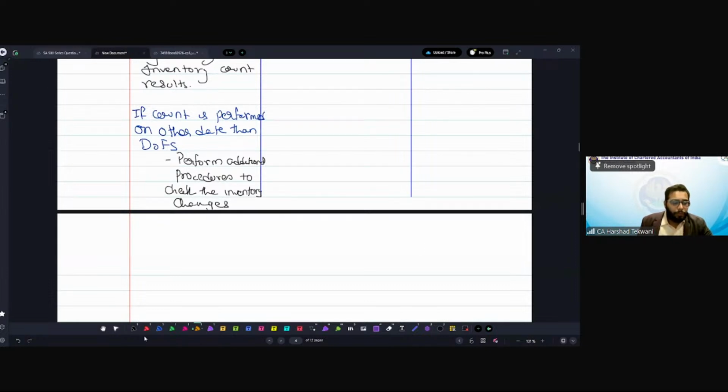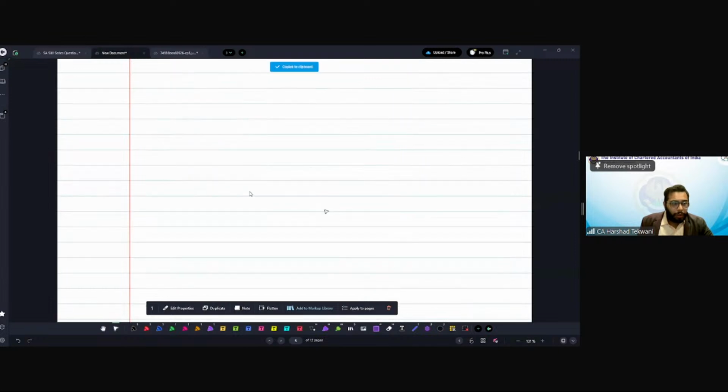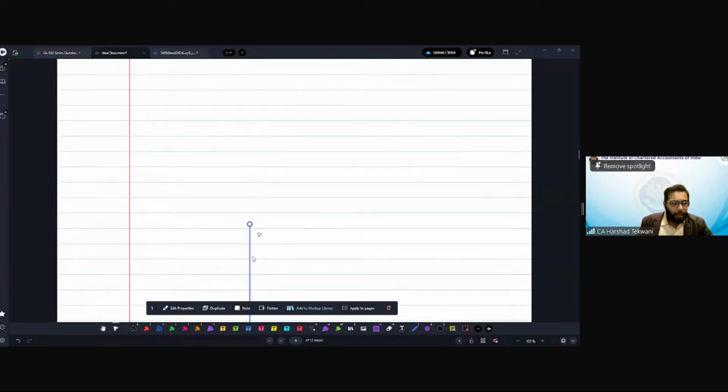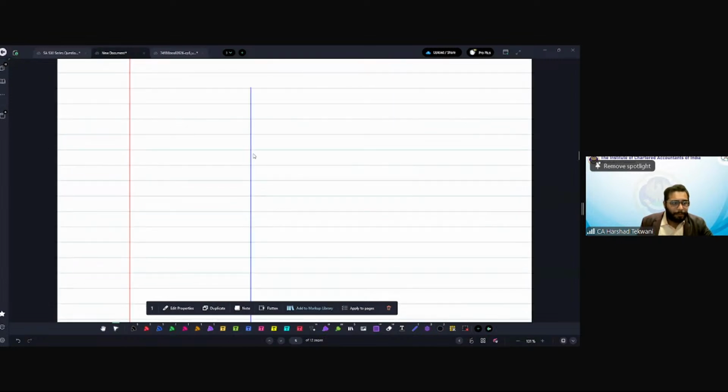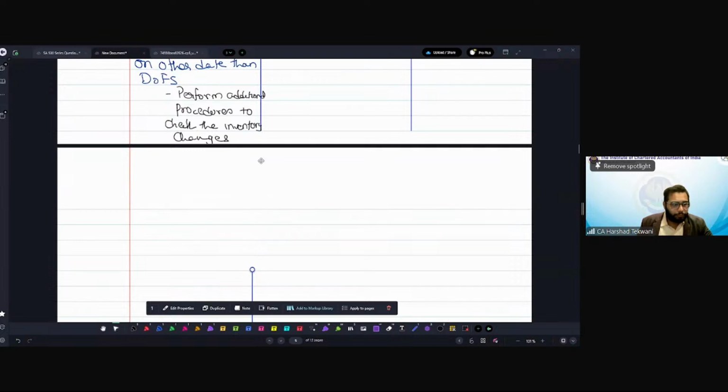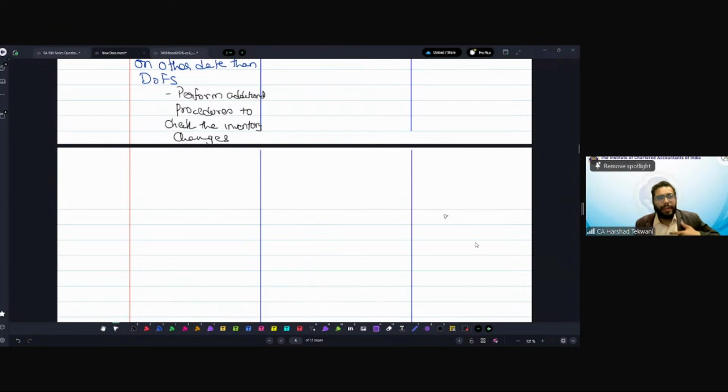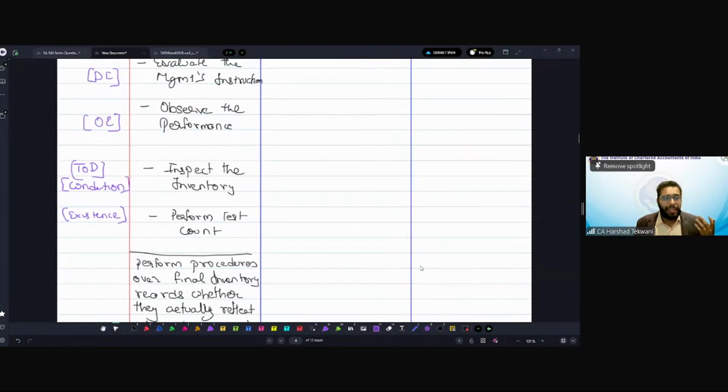Okay. Now, remember there is one particular star mark that I kept purposefully over here. The reason is that now we will talk about the situation where we are not able to attend the inventory count.